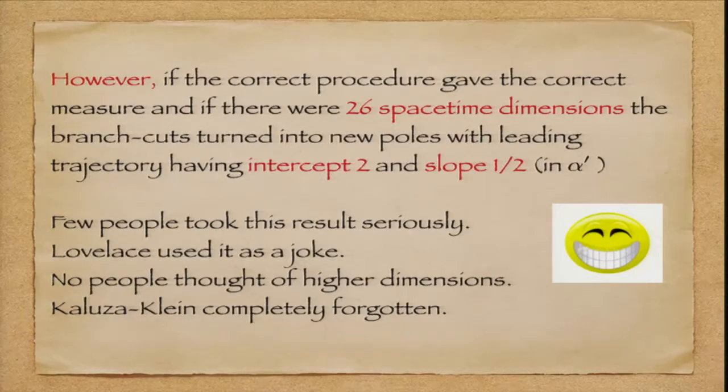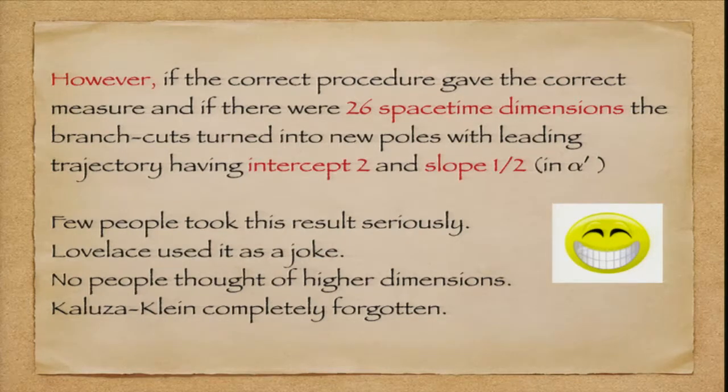But if you forget about that, he said, if there were 26 dimensions of space-time, the branch cut turned into new poles with trajectory having intercept 2 and slope 1/2. Of course, few people took this result seriously. 26 dimensions seemed to be a very odd number. 26 doesn't really strike you as any fundamental number. 2 times 13? No.